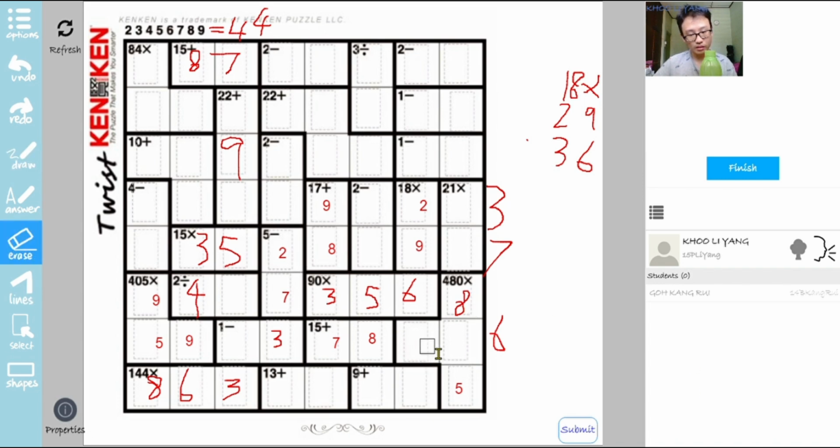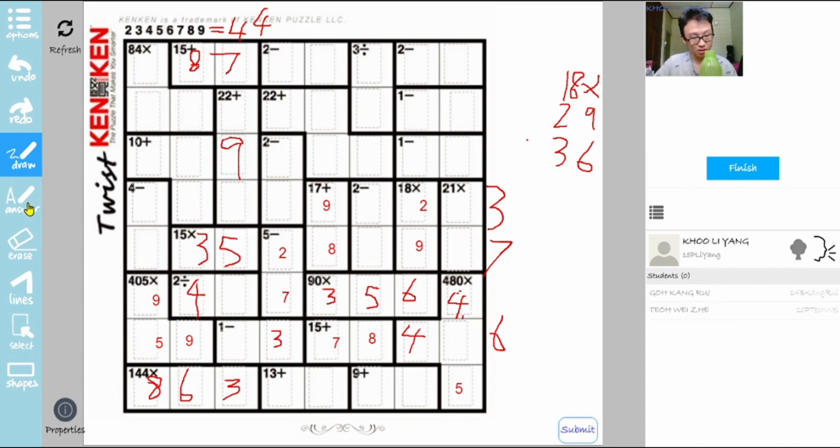Now let's see another possibility, 4. If we put 4 here, 4 will be here, which is wrong, because we know 4 is already in this row.